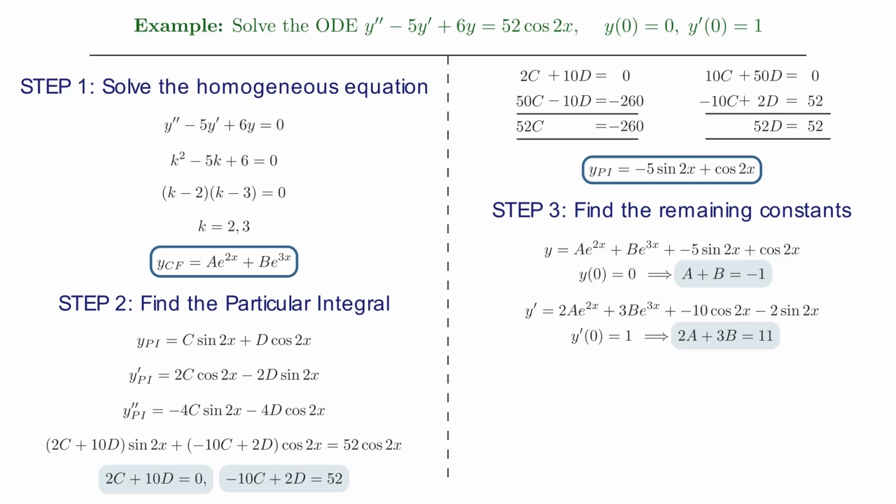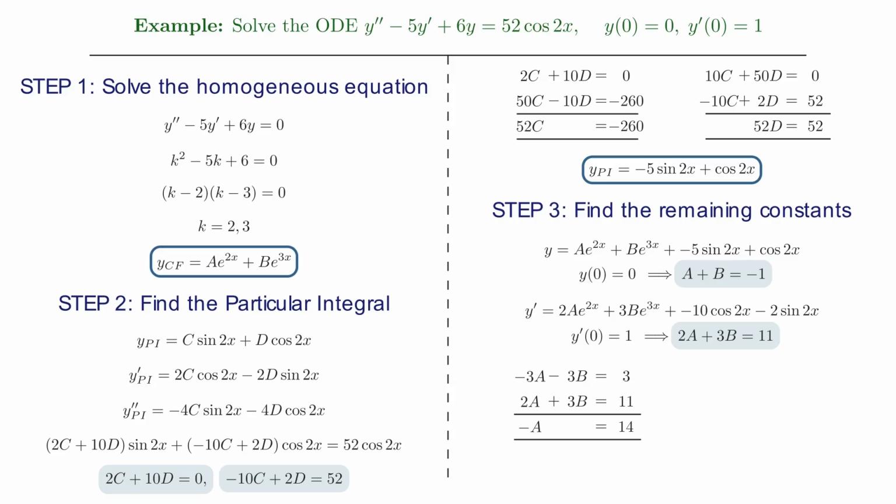So multiplying that first equation by -3, I get -3a - 3b = 3, and then leaving that second equation as it is, we're going to add the two equations together. So -3a + 2a is equal to -a, -3b + 3b is 0, and then the 3 + 11 is 14. So a will be -14.